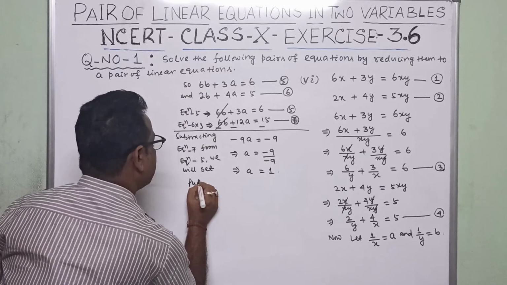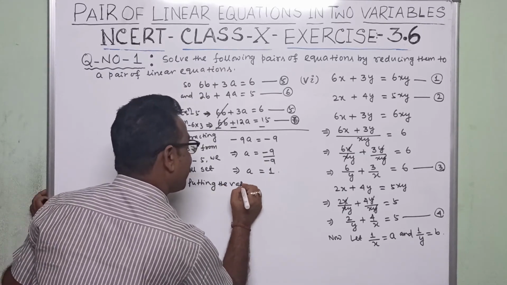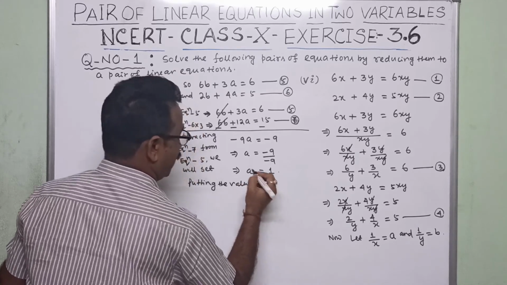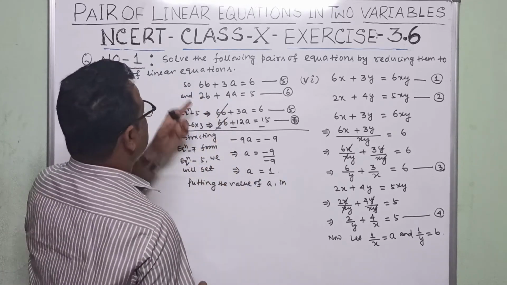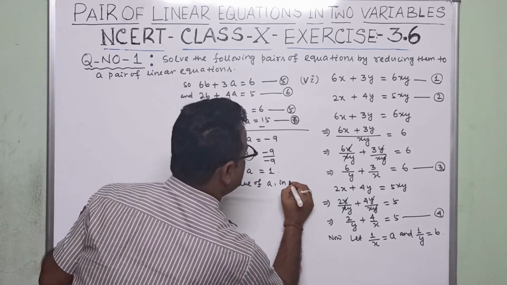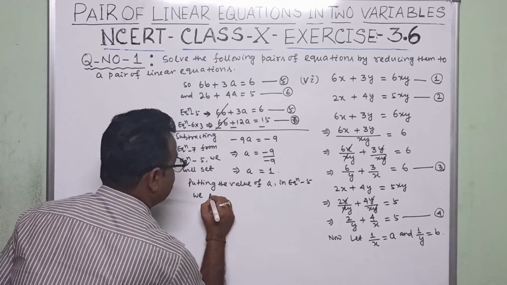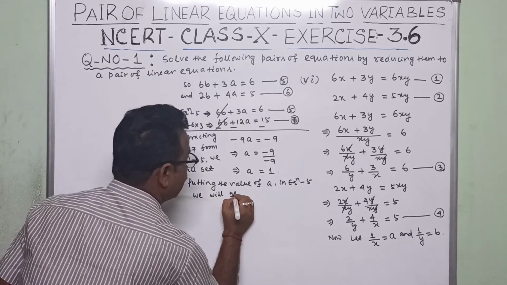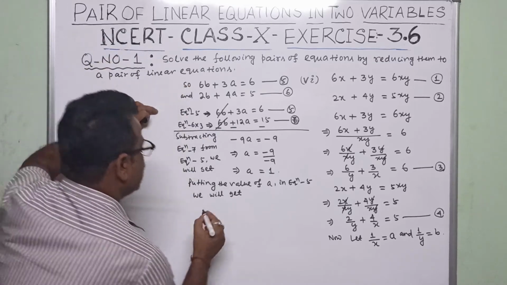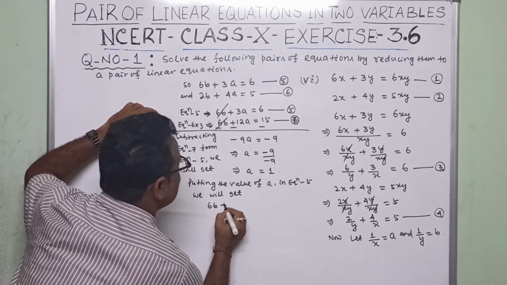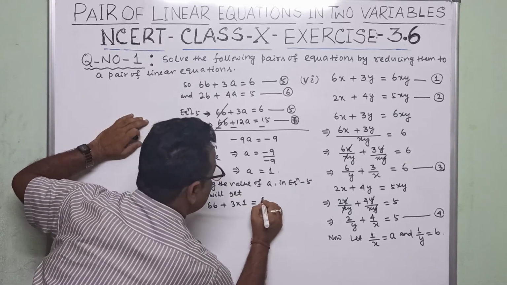Now putting the value of a in any equation, you can write equation 5. In equation 5, we will get, what will we get? 6b plus 3a, 3 into 1 is equal to 6.